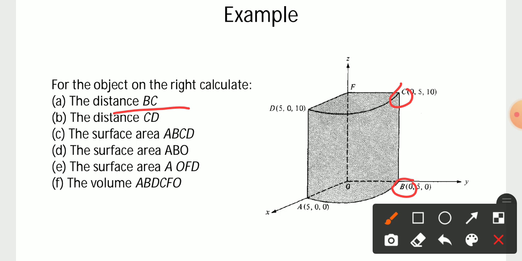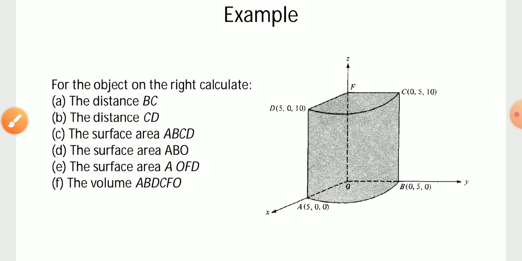Look that every point is defined in Cartesian coordinate form, as x, y, z. If you consider x for C, it is 0. For C, the y value is 5, and for z the value is 10. For B, x is 0, y is 5 and z is 0.